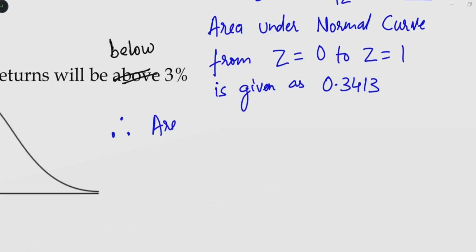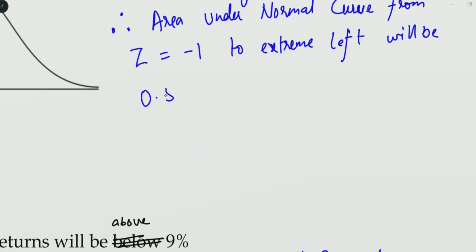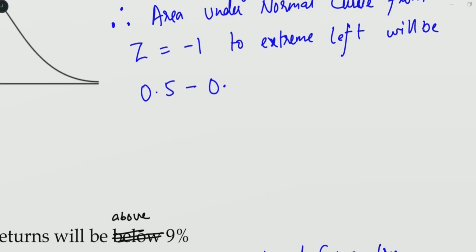Therefore, area under normal curve from Z equal to -1 to the extreme left will be 0.5 minus 0.3413.